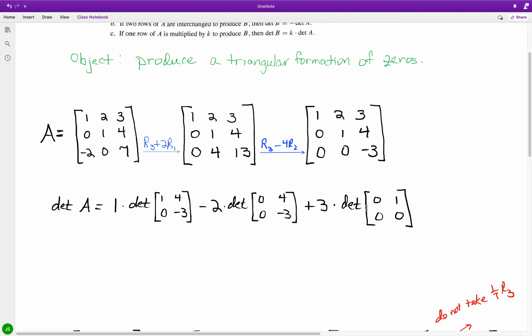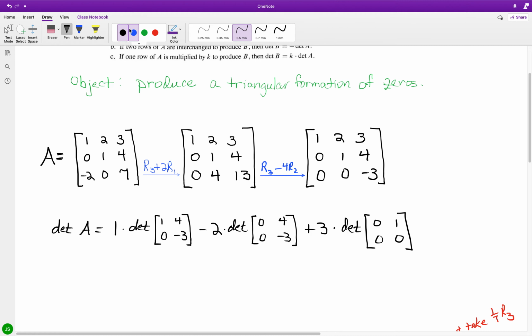So for the determinant of A, we have 1 times, in the first case, negative 3 minus 0, so 1 times negative 3, and then minus 2 times the next determinant. 0 times negative 3 is 0, 0 times 4 is 0, so this becomes negligible, and with the last determinant we have 0 minus 0.